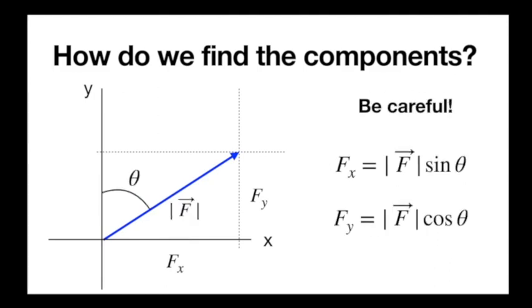Because what if I gave you this angle? Or what if you wanted to find this angle? In this case, Fx is the opposite side, right? So now to find Fx, I need to use sine. And to find Fy, I need to use cosine. And with these, you have to make this comparison that this length here and this length here are the same.